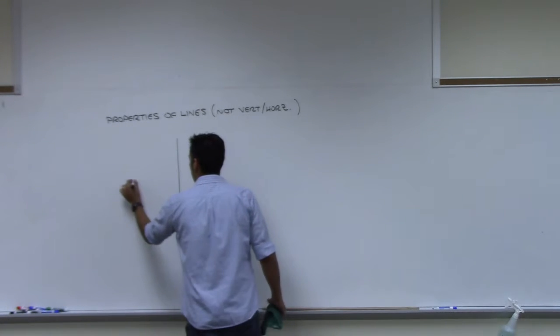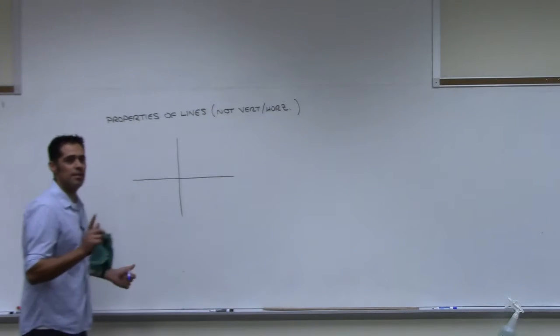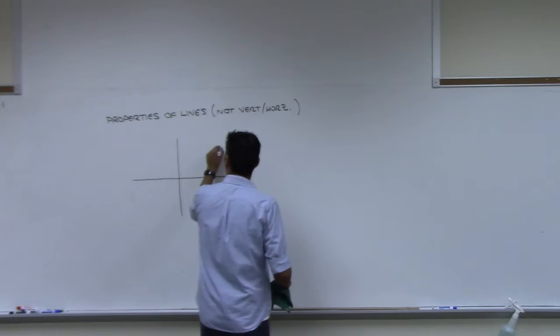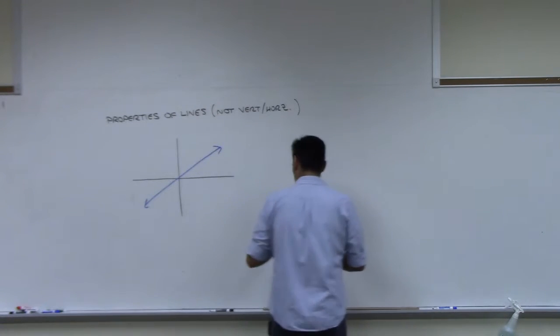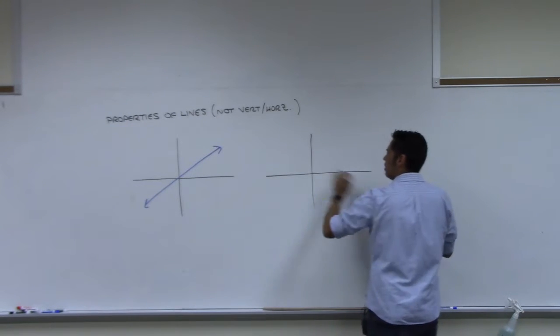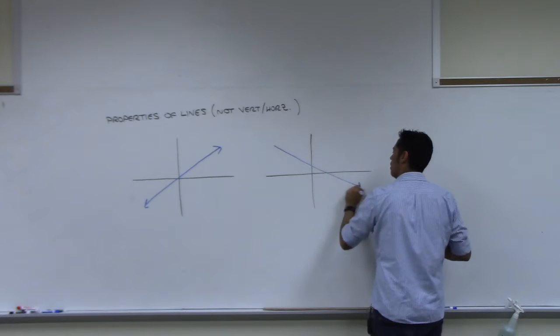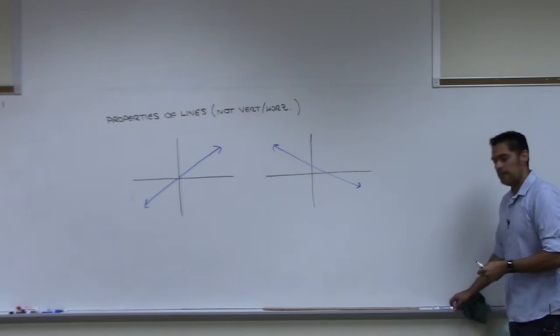If you draw a line that's not vertical or horizontal, it's got to be one of these two cases. It's either got to have a pitch to it that's like this, or it's got to have a pitch that's more like this.